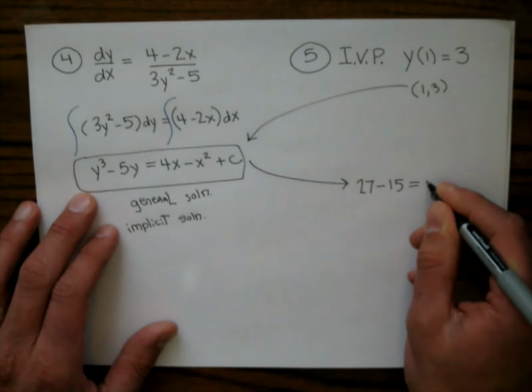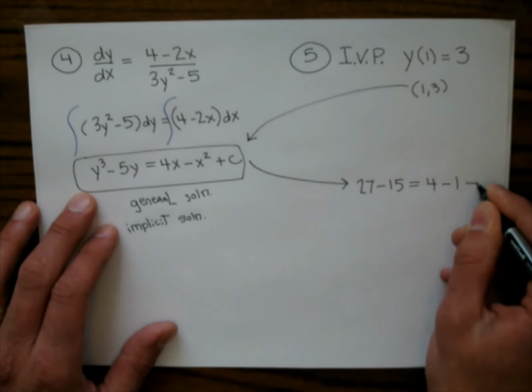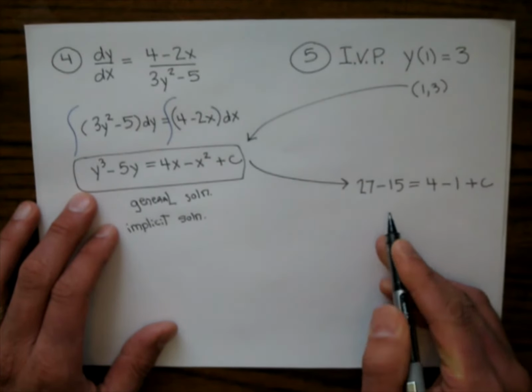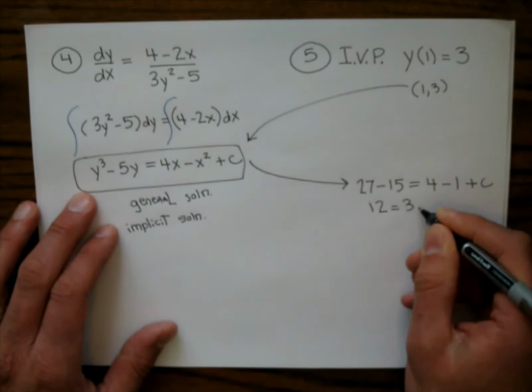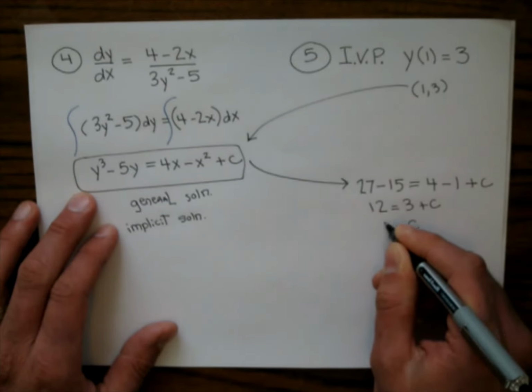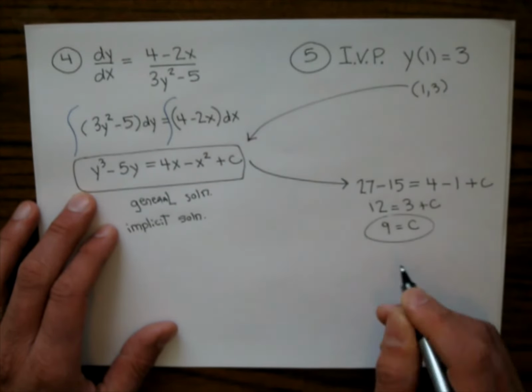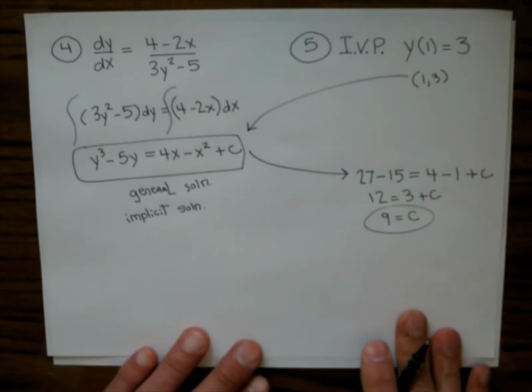This equals 4x, which is 1, minus x squared, plus c. So what we have here is 12 equals 3 plus c. c equals 9. So that's not our answer. What our answer is going to be is writing out this with a 9 there.